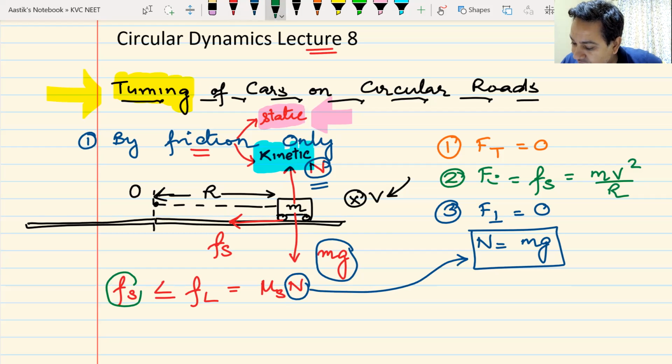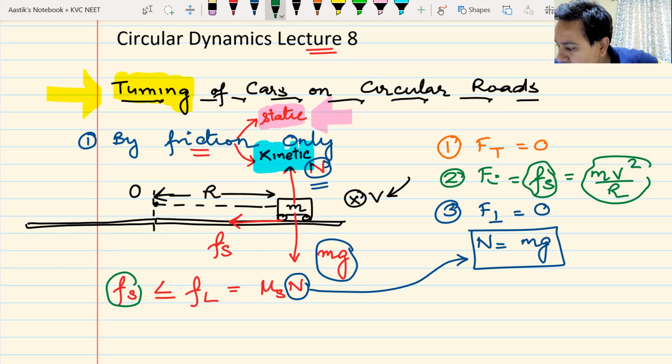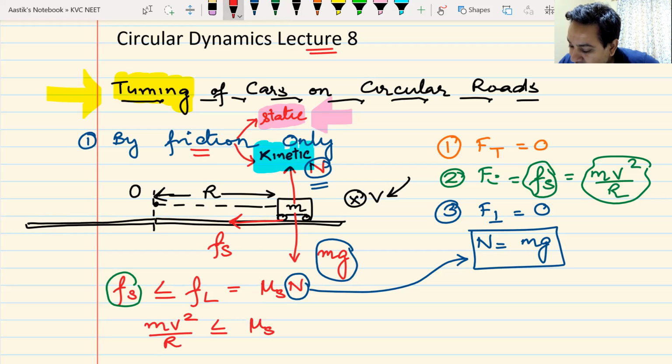Now the value of N can be substituted from here. The value of this Fs can be substituted from here. So if I write these two equations together, I will end up here: mv squared by r is less than or equal to mu s multiplied by mg. I hope all of you understand this.